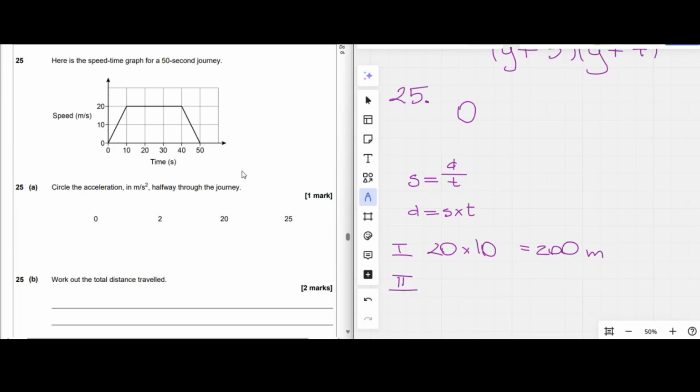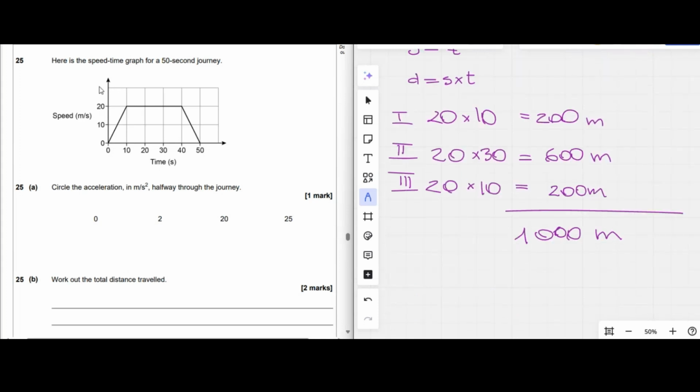In the second part, we have 20 again times 30, which is 600. And in the third part, we had 20 again times 10, 200 again.